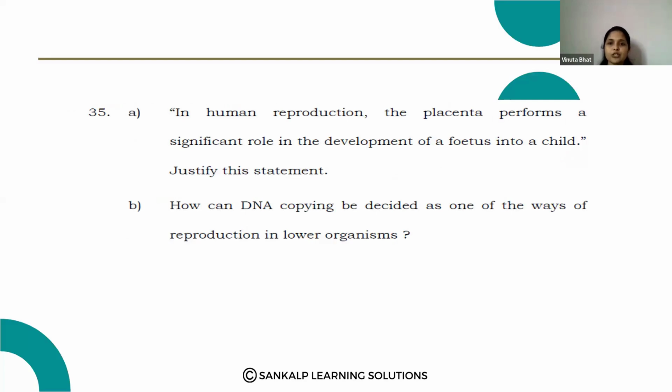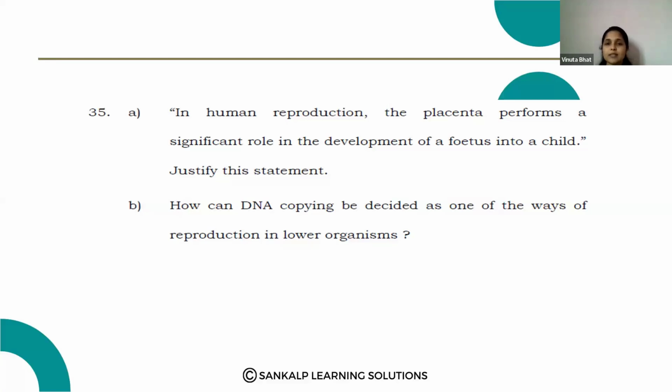In human reproduction, the placenta performs a significant role in the development of the fetus into a child. Justify the statement. Here the placenta provides the nutrition, glucose and oxygen to the developing embryo, and also helps in the removal of carbon dioxide and some nitrogenous waste produced by the embryo.